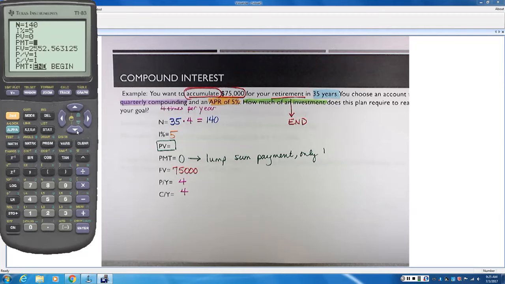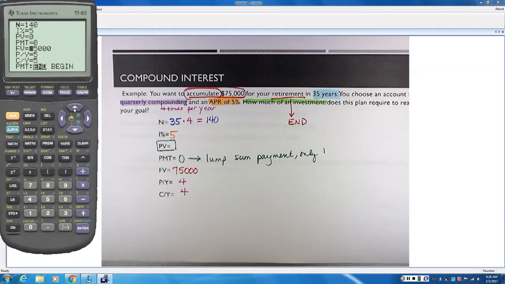And then your payment amount, that's going to be 0 because you're not making any payments. But what you want when you're finished is $75,000. And that's going to be 5 years for C/Y and P/Y.